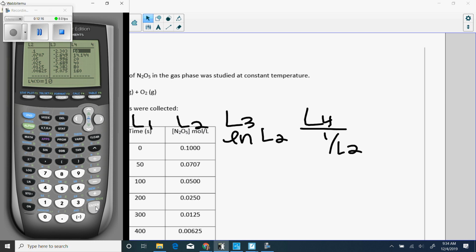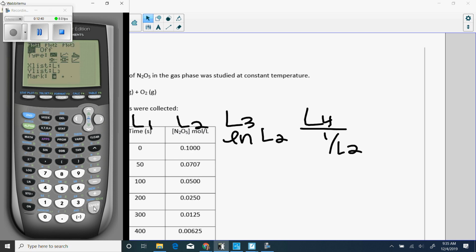Okay, now check your plots. Which one is linear? Is blue linear? If that's true, then it's 0 order. Is pink linear? If that's true, it's first order. Is green linear? Then that's going to be second order. To make stat plots, you go second, stat plot.